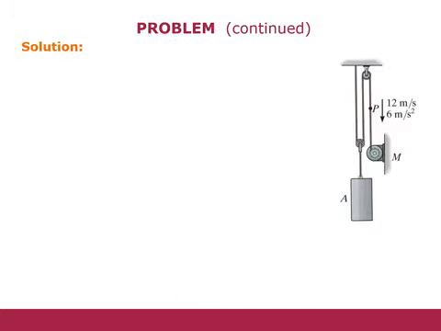In order to calculate this force, we will use Newton's second law equation. This says that F is equal to ma, right? And the force is in the upward direction. So at this point, we have two forces. This is the tension force, which we experience over here at this point, which is moving with the velocity 12 meter per second, right?